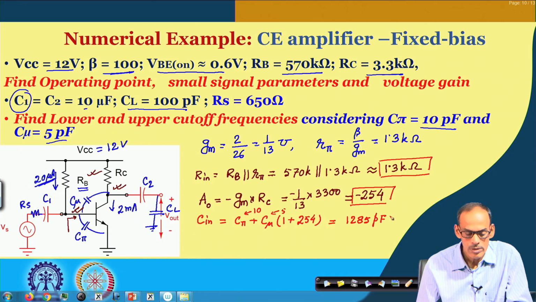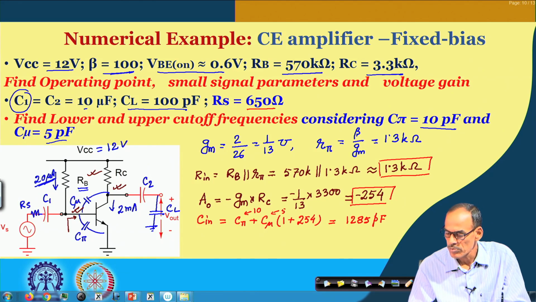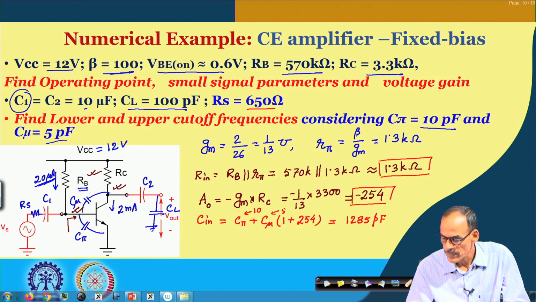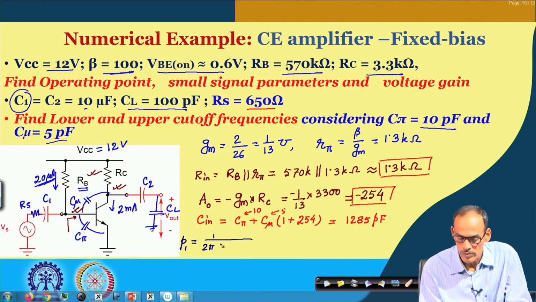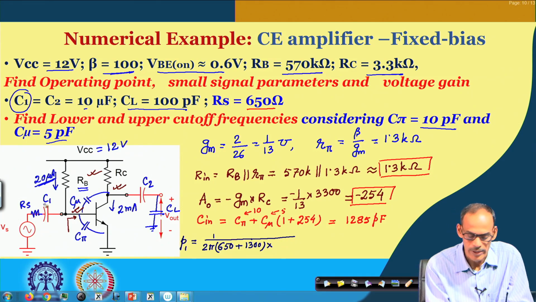Okay. So, now by considering this R s, we can calculate the location of the pole. Let us consider first pole P 1, which is equal to 1 by 2 pi into R s, which is 650, plus R in, which is 1300, multiplied by this C in, C 1.